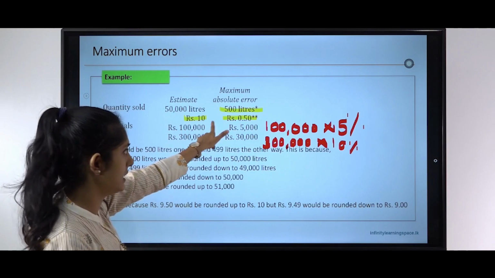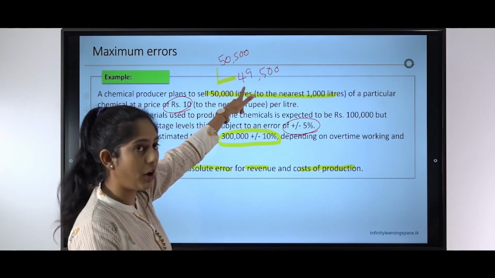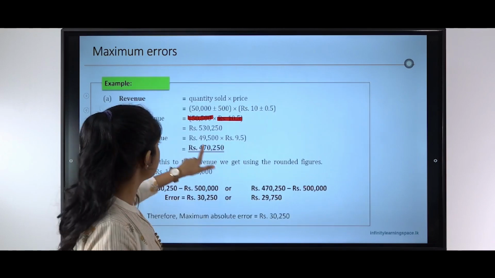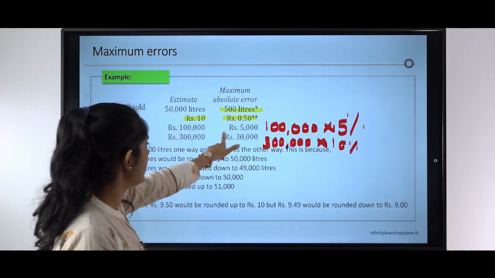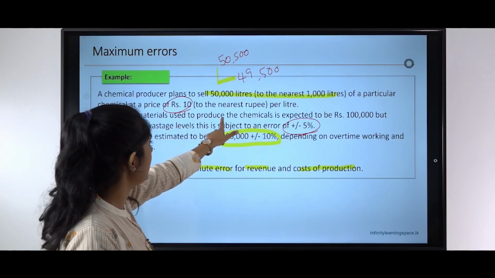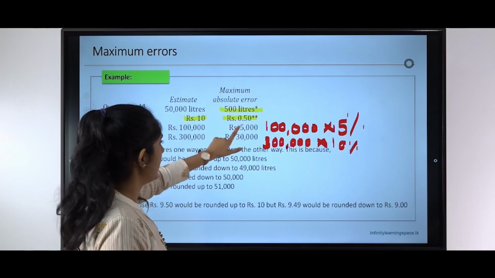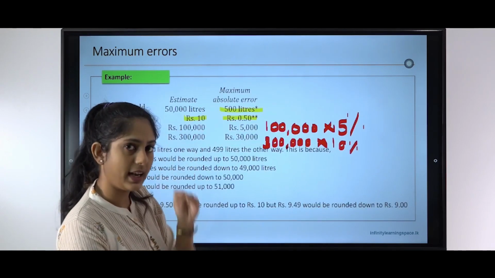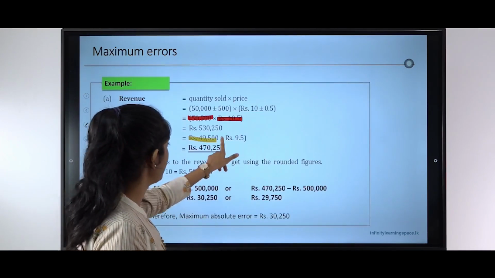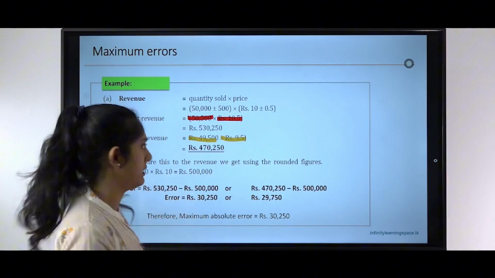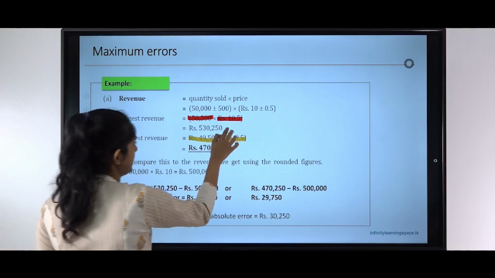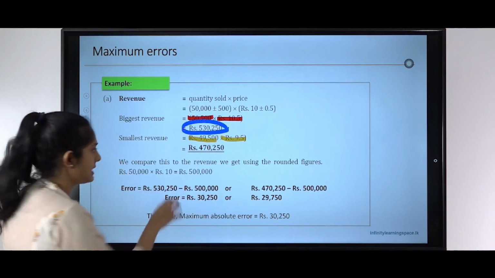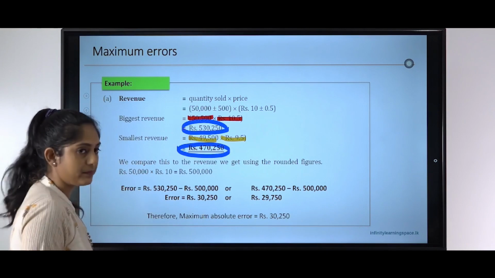Quantity 50,000, like I mentioned, could have been 49,500. Price 10 rupees to the nearest rupee could have been 50 cents less, 9 rupees 50 cents, so least 9.5. If you multiply the maximum side, you will get 530,250, lesser side 470,250.